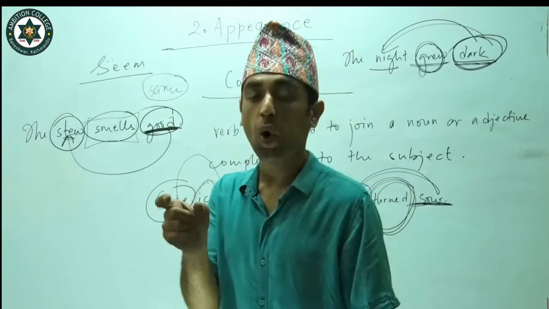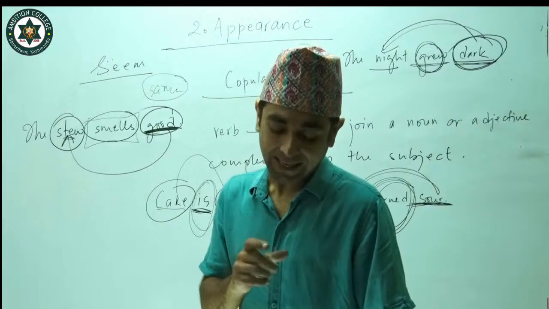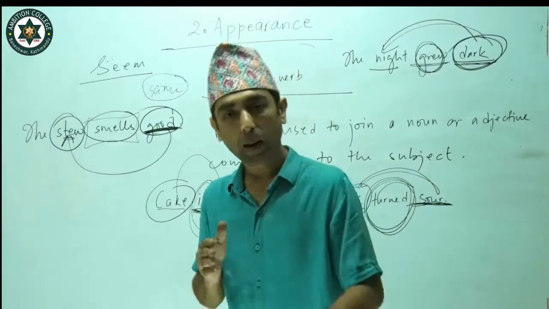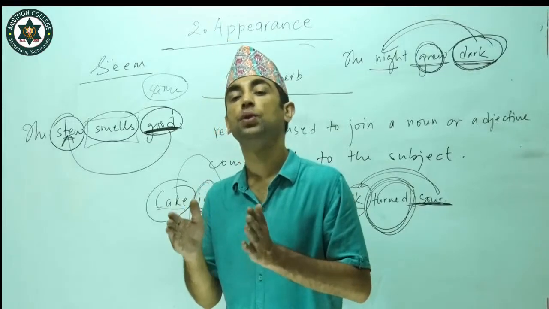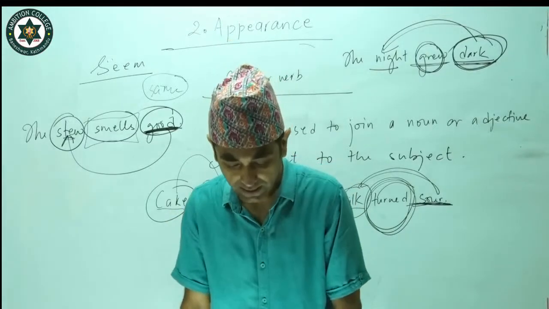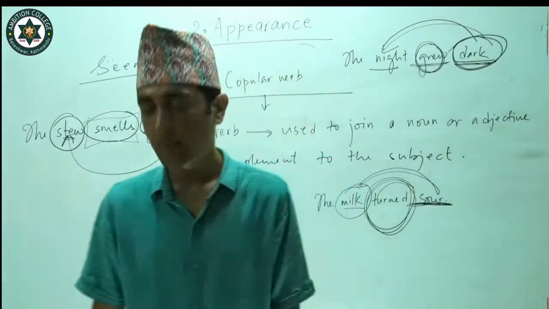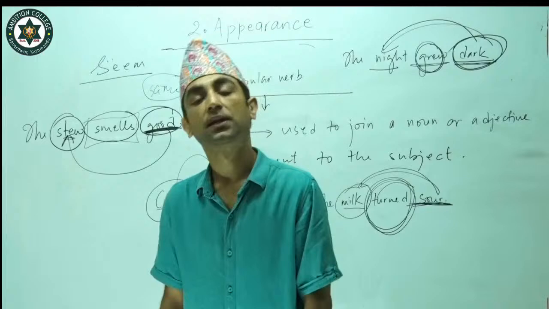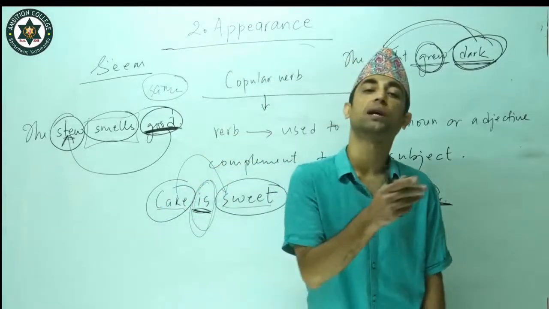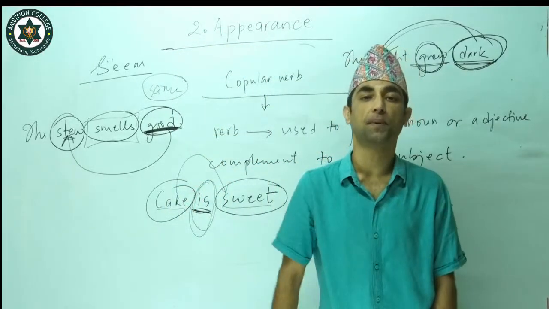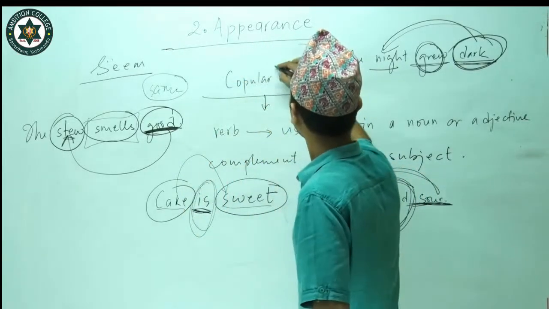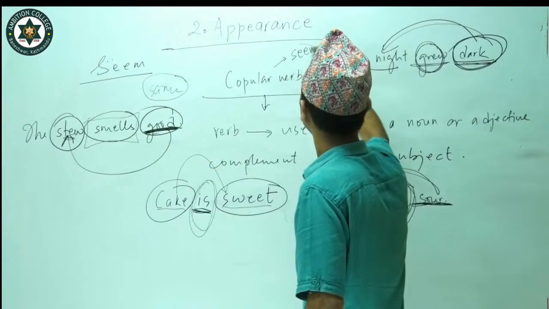So, spoke intelligently. Here also, we see the comparison between two different entities. In the same way, we can make this association of the noun or adjective complement to the subject by using the copular verb seem.